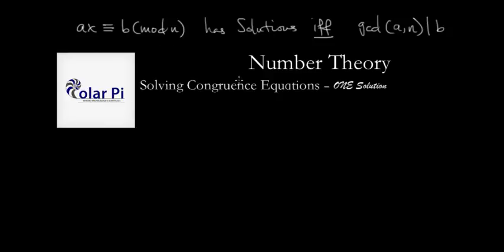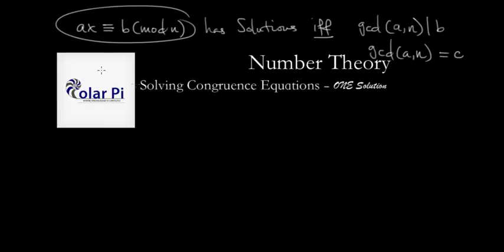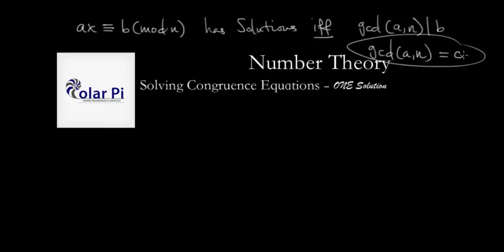And then the many solution case arises in the fact that if the GCD of A and N, let's say, is called C, then this equation will have C solutions, again, given that the GCD of A and N to begin with divides B. So granted this, if we call the GCD of A and N the number C, then this equation has C unique solutions.